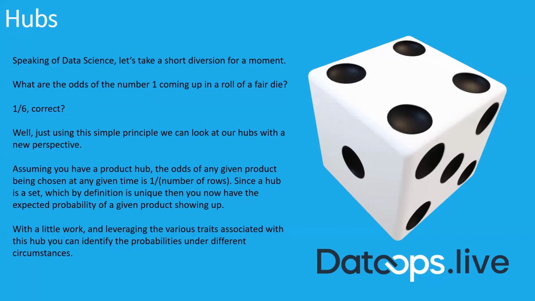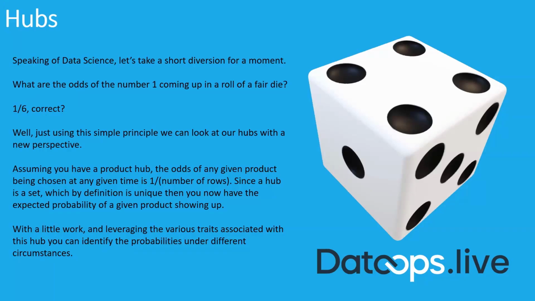Assuming you have a product hub, the odds of any given product being chosen at any given time is 1 over the number of rows. Period. That's by definition. This is the definition of what a probability is. And because a hub is a set, which is unique, you can do all kinds of filtering on that with the satellites or anything associated with a date for a particular range.